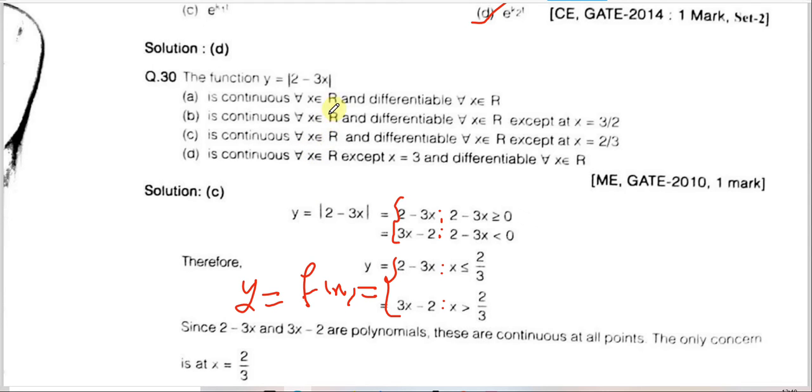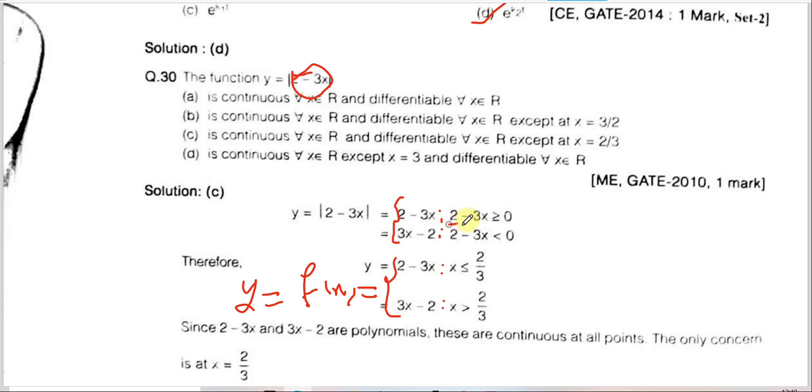Simply, first we know the properties of the modulus: if anything inside it is greater than 0 or less than 0, that decides how we define the function.